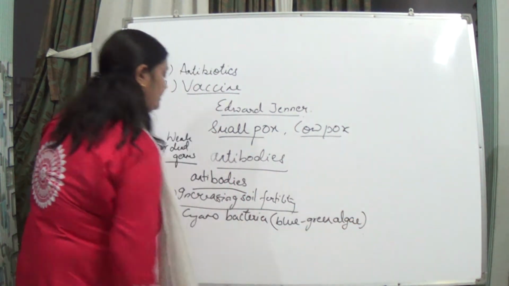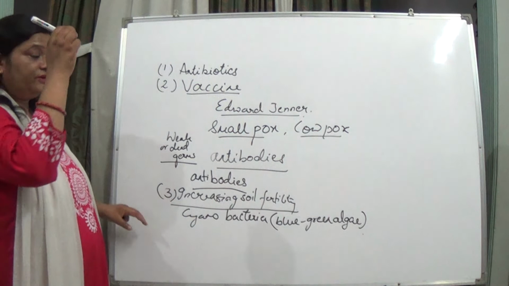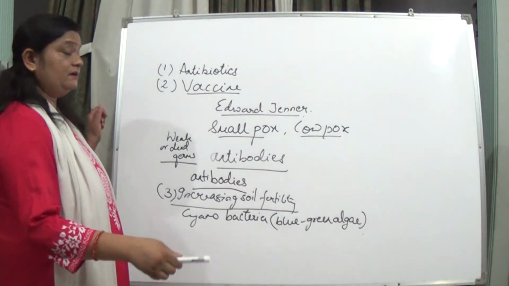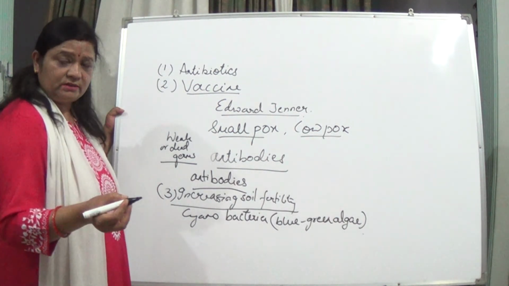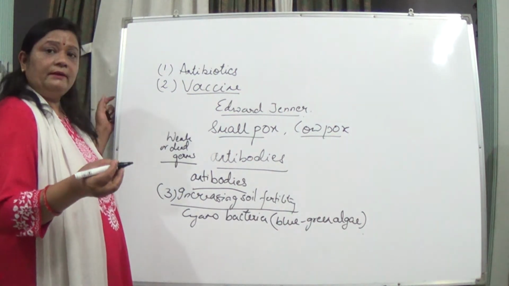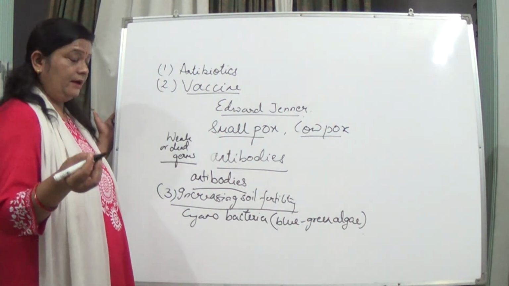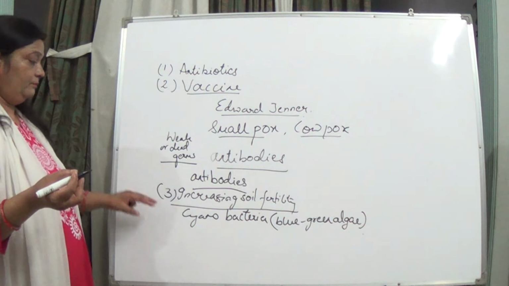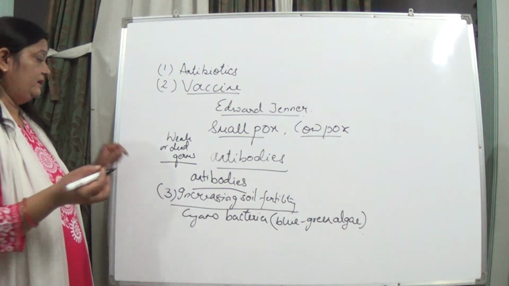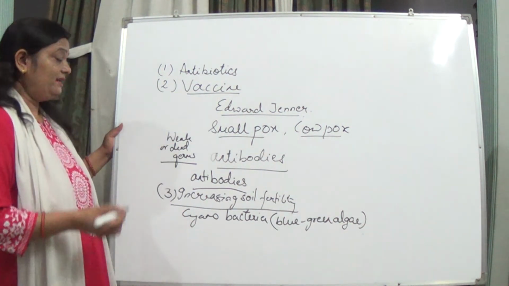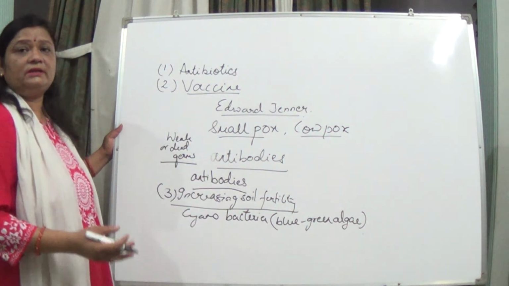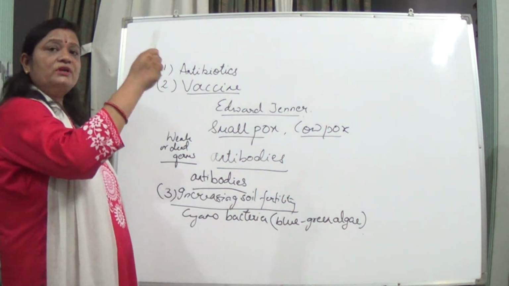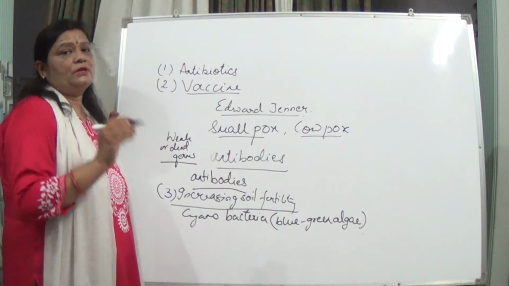This blue-green algae fixes the atmospheric nitrogen in the soil so that the plants can use it and grow properly and in a healthy manner. So indirectly it is enriching the soil. It is increasing the soil fertility by adding atmospheric nitrogen to the soil.